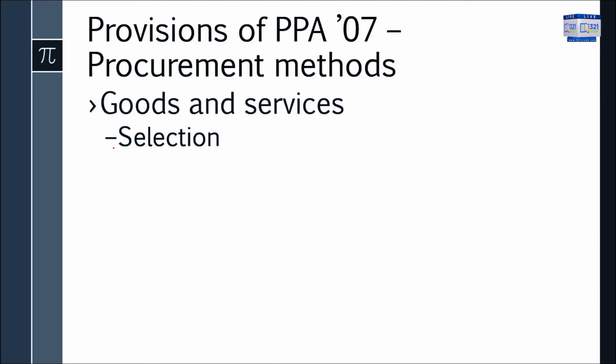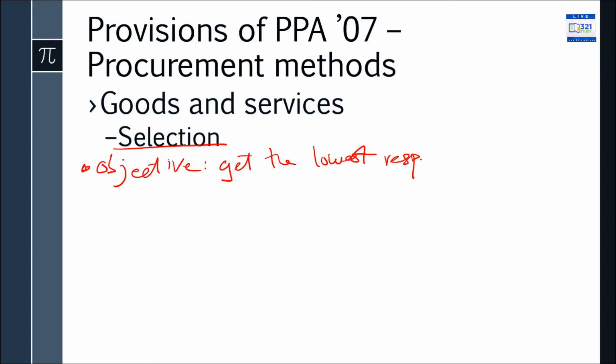Of course, when it comes to the selection of a final supplier, the objective of any selection is to get the lowest responsive bid. That is the supplier with the lowest price that will satisfy the requirements. Because if you're going for value for money, then economy is one of your objectives. You want to get economy without sacrificing efficiency and effectiveness.